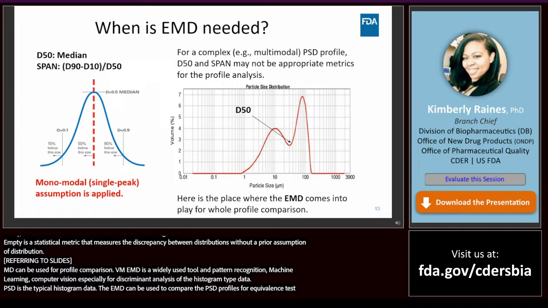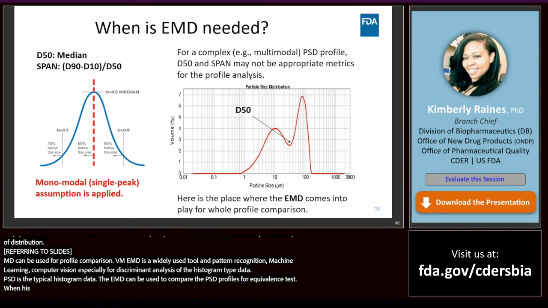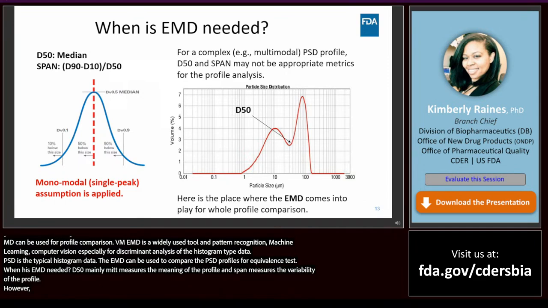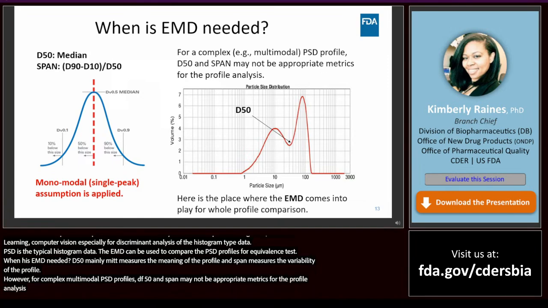When is EMD needed? D50 mainly measures the mean of the profile, and SPAN measures the variability of the profile. However, for complex multimodal PSD profiles, D50 and SPAN may not be appropriate metrics for the profile analysis. EMD comes into play for whole profile analysis.